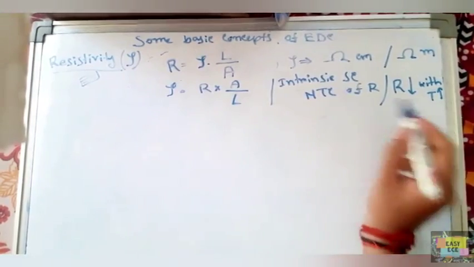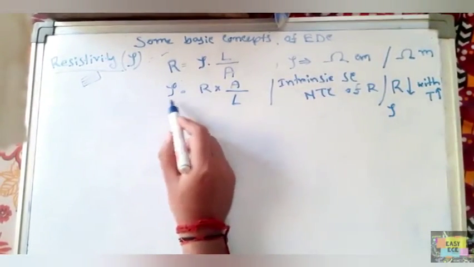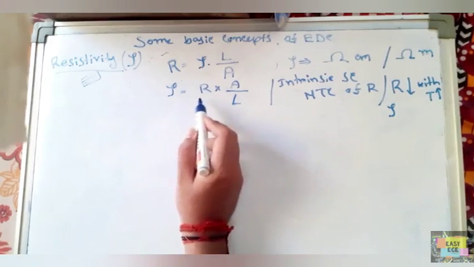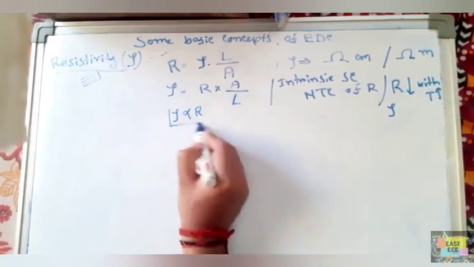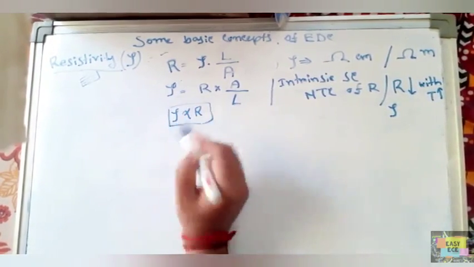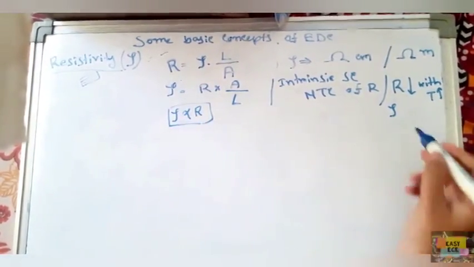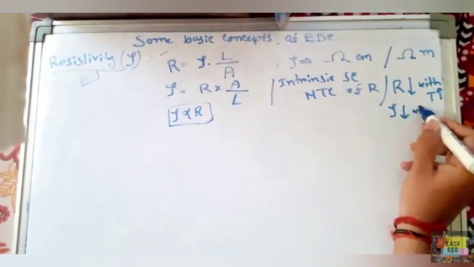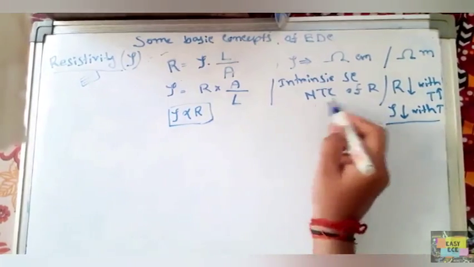So rho also, obviously R is decreasing, and rho depends on R, rho is proportional to R. So similarly, rho is decreasing with temperature. So this is denoted as NTC.